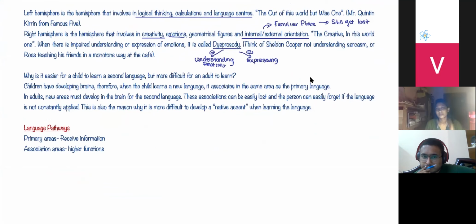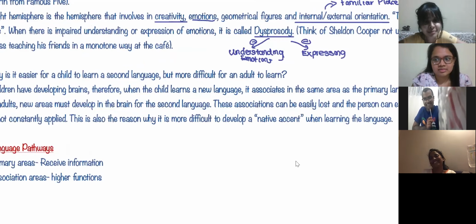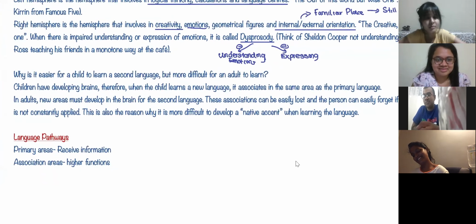Now, there's one important thing. Why is it easier for a child to learn a second language, but more difficult for an adult to learn? This is just a personal thing, but one day when I have a child, I'm going to teach that child several languages, starting as a child itself, because that will be retained longer.